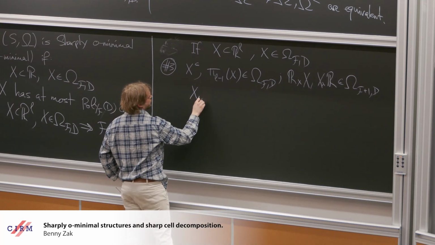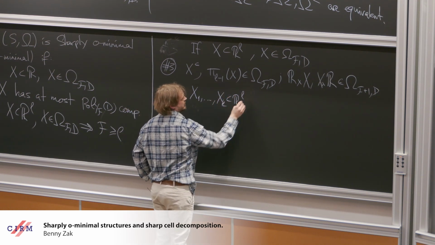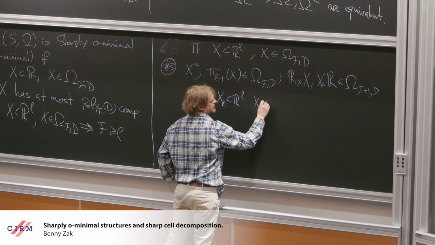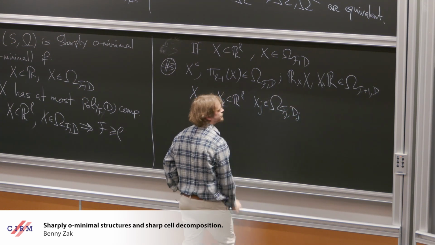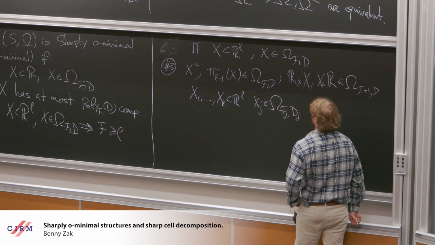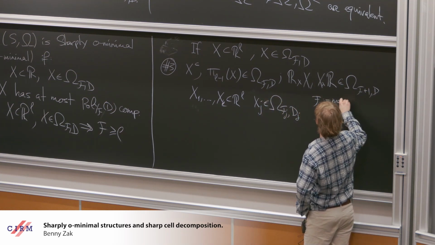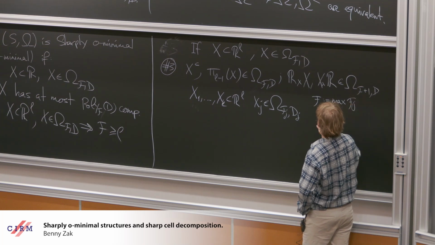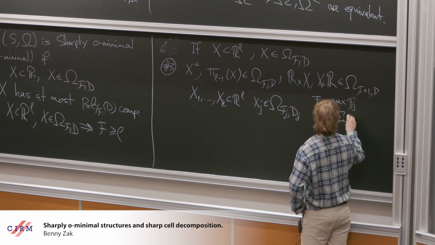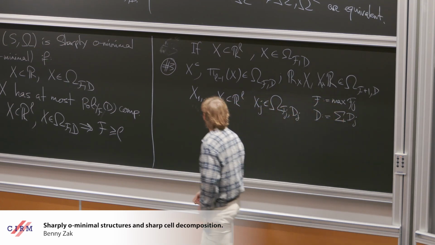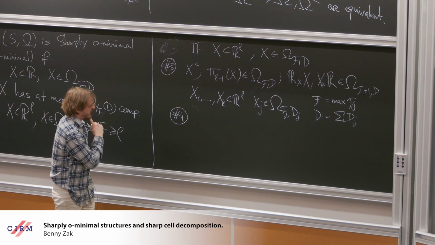So the next axiom is that if you have a collection of sets in R^L such that X_j is in omega f_j d_j, and F is defined to be the maximum among these formats, and D is defined to be the sum of these formats, then the fourth and fifth axiom are as follows.